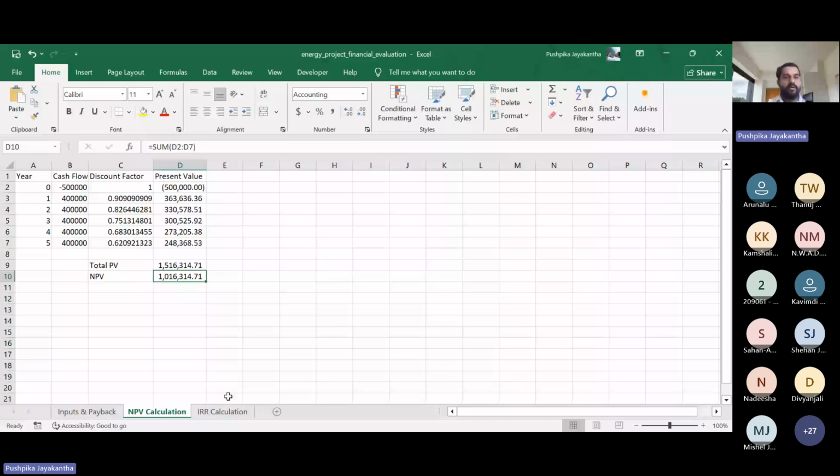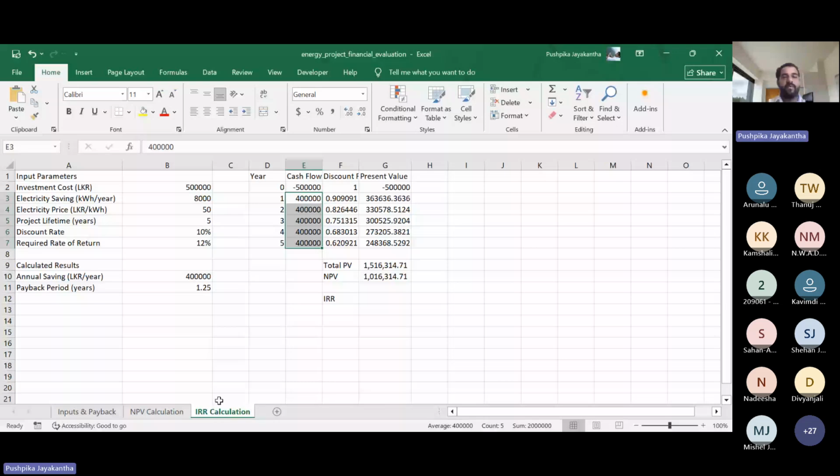And so it is actually greater than 0. So we can say this project is a financially viable project. And then the internal rate of return. We have to select where this net present value becomes 0. So we can adjust this discount rate here.